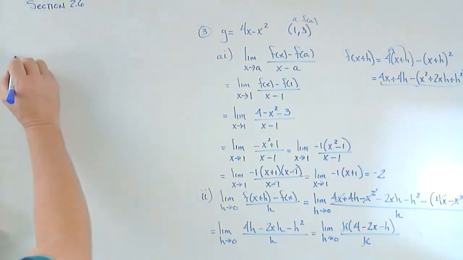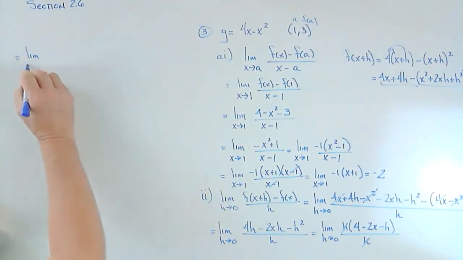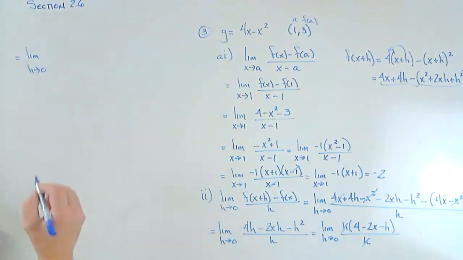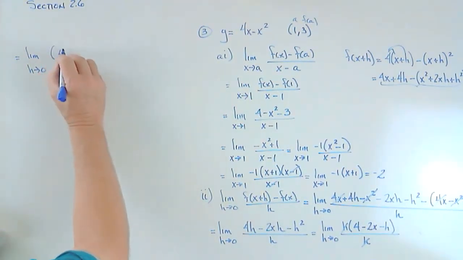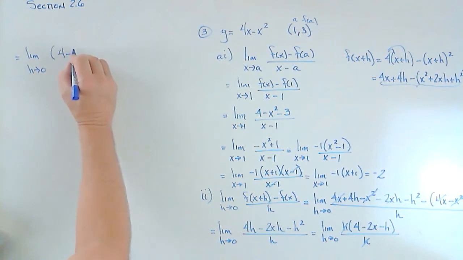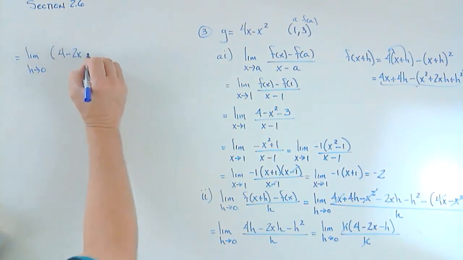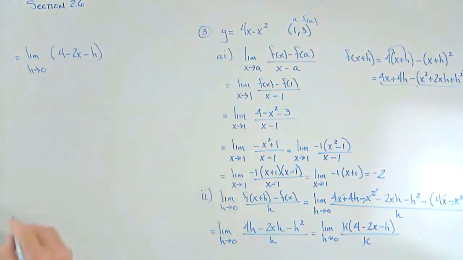And we have left the limit as h goes to 0 of 4 minus 2x minus h.